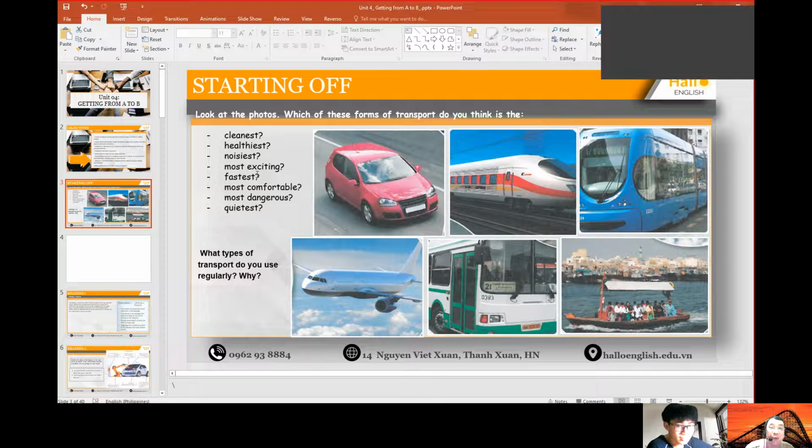Yes. So as we can see in here, there are two means of transportation that meet the following categories. But look at this: cleanest, healthiest, noisiest, most exciting, fastest, most comfortable, most dangerous, quietest. Now, what have you observed with those particular words?